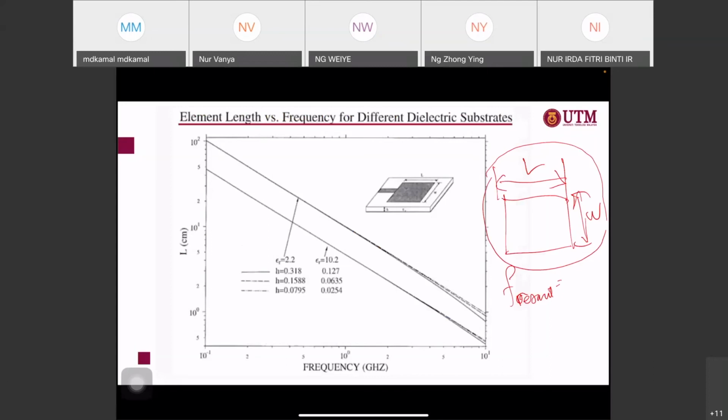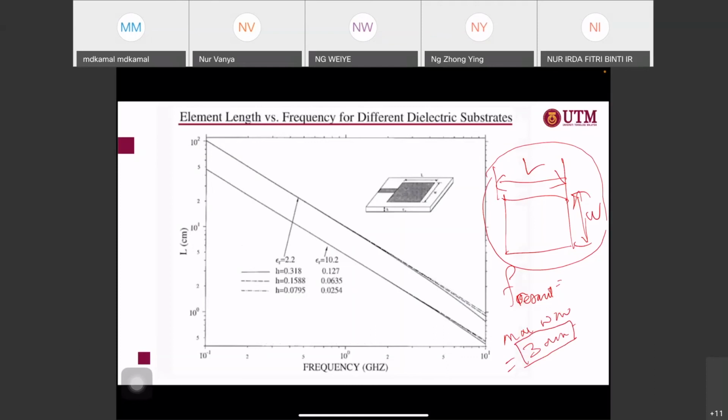If your operating frequency is higher, your patch antenna is getting smaller. That's why if you design for millimeter wave, it is sometimes very small, like 3 millimeters only. Any change on this value will change the resonant frequency.